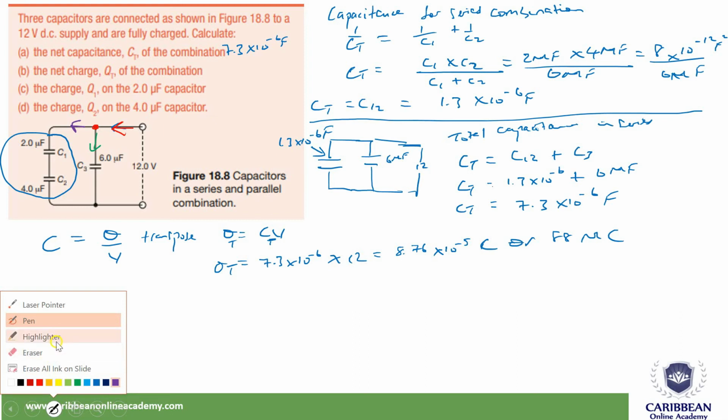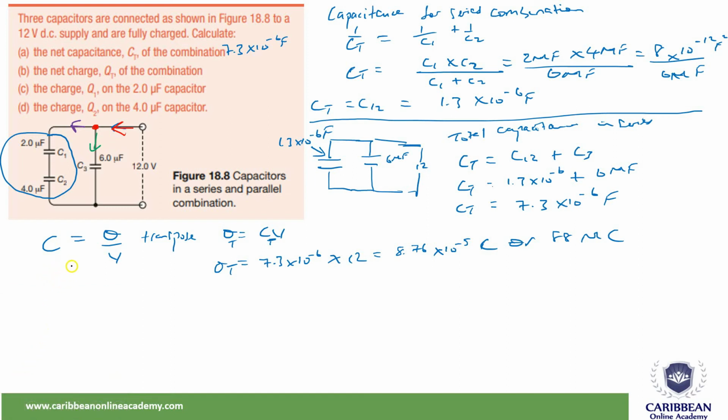In essence, it's the same thing when it comes to charge. Kirchhoff's first law speaks to the conservation of charge, which tells us that whatever amount of charge you start out with is the same amount of charge that you should end up with. So in essence, we're saying here that my QT is equal to Q1 plus Q3. Follow me?